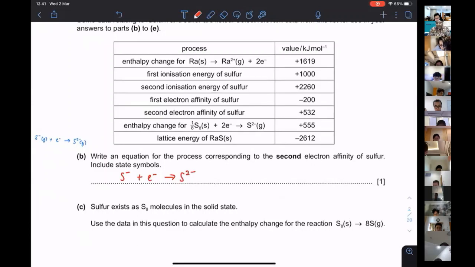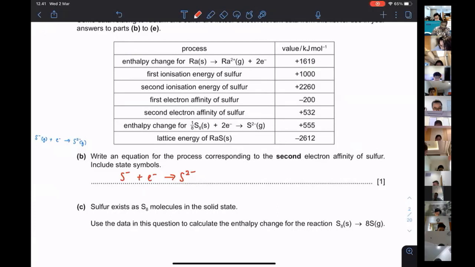Second electron affinity. If you look at the definition of electron affinity, which was asked in paper 4.1, the definition is the enthalpy change when 1 mole of electron is added into its ion or atom under standard condition. But the ion or atom must be in gaseous form as well.